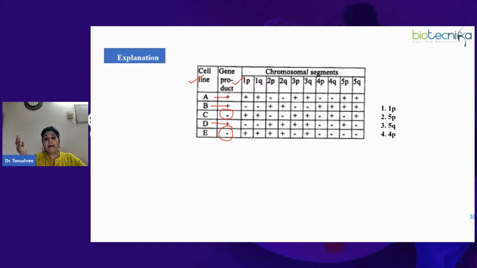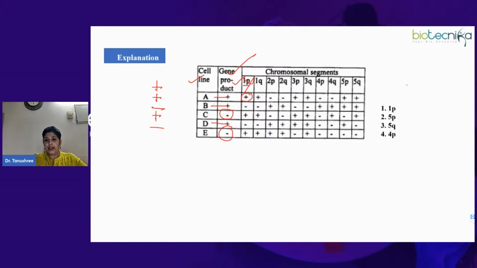It will exactly match this pattern. If you see 1p, it shows the presence of the gene product in A, C and E, not in B and D, right? So it doesn't match. You have to match where you see this pattern: plus, plus, minus, plus, minus. Only this thing you have to check.